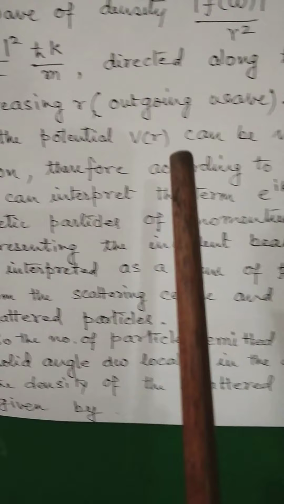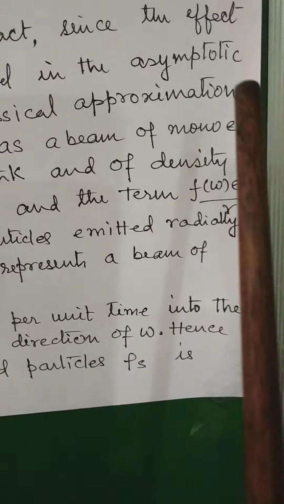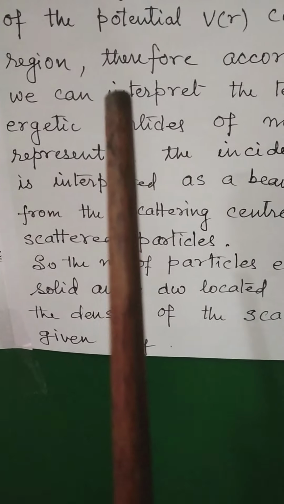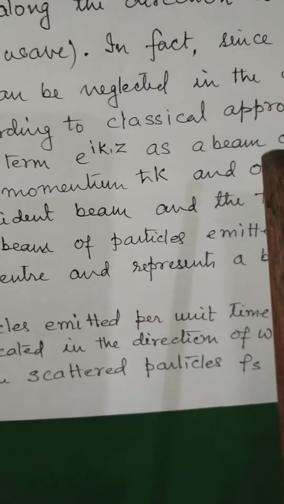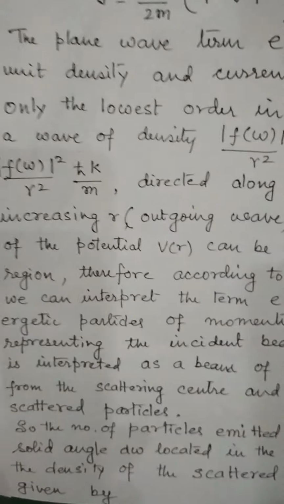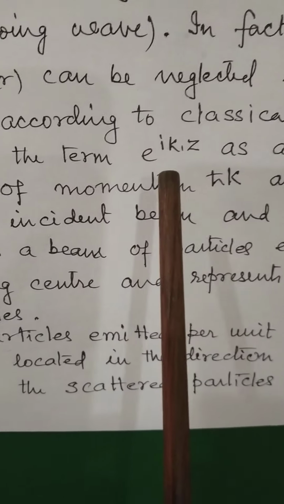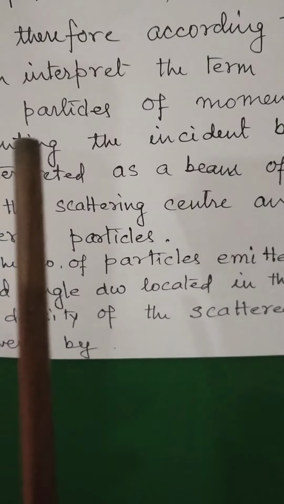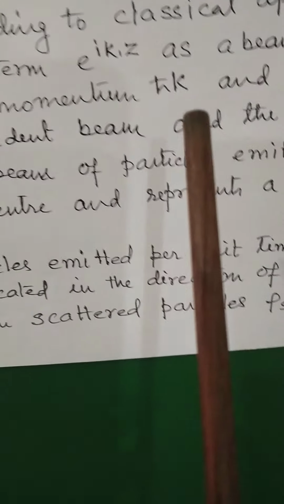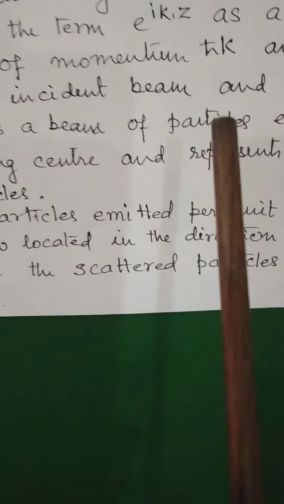In fact, since the effect of the potential V of r can be neglected in the asymptotic region, according to classical approximation, we can interpret the form e raised to the power of iota k dot z as a beam of monoenergetic particles of momentum h cross k and of density 1, representing the incident beam.